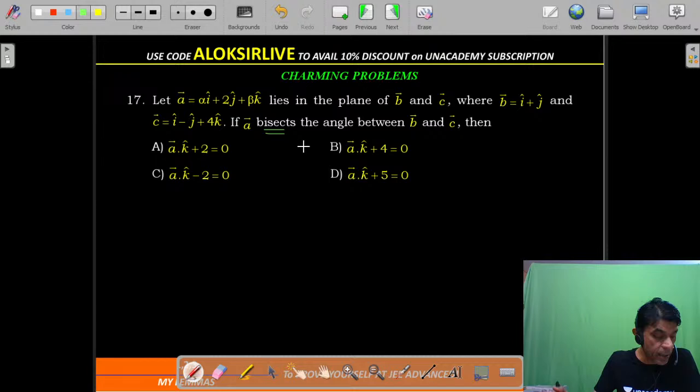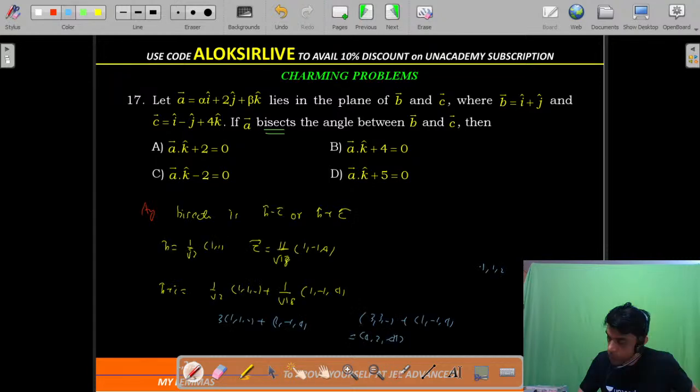So you work with 3 times (1, 1, 0) plus (1, minus 1, 4). So that is (3, 3, 0) plus (1, minus 1, 4). So we'll get (4, 2, 4). I can again write this as (2, 1, 2). So this is b plus c, right?